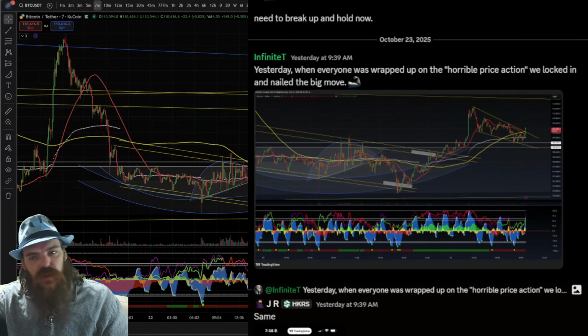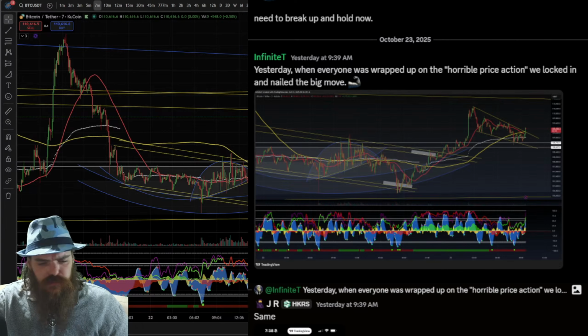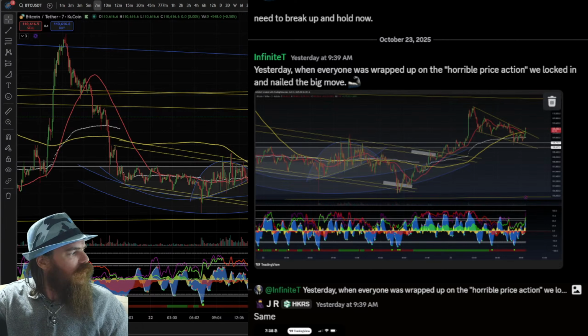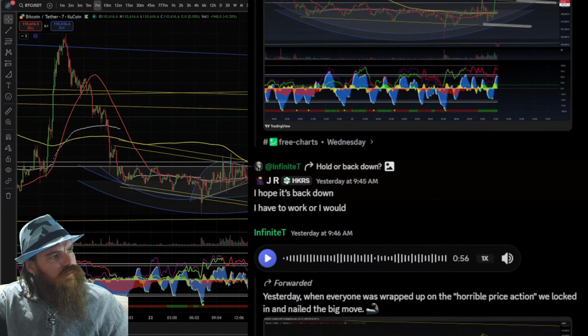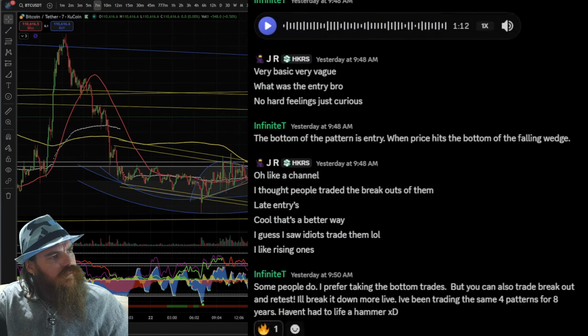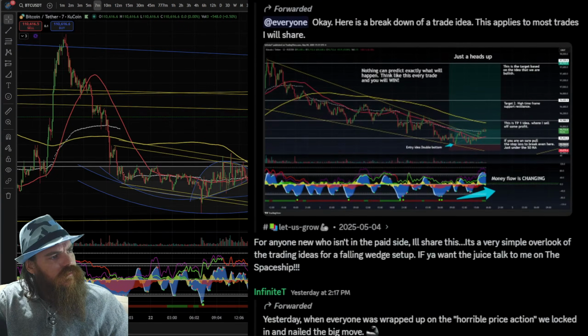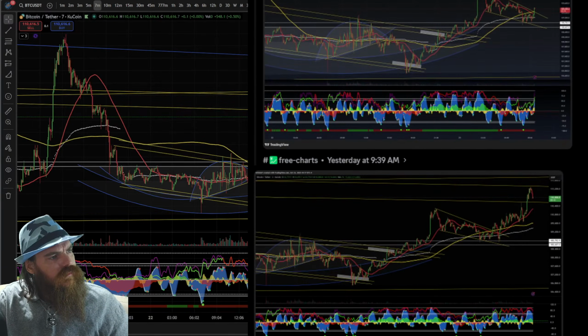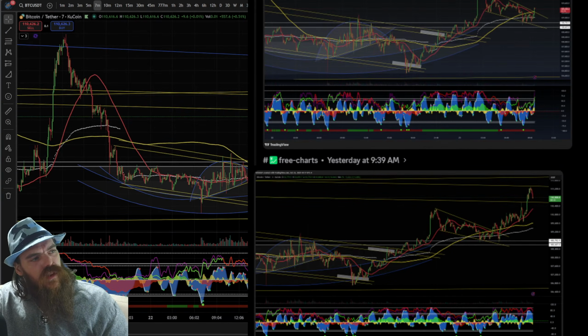It's another falling wedge. It's another pattern. And then obviously we do a nice retest of this level, we break out of this pattern, and we run to our upper levels.